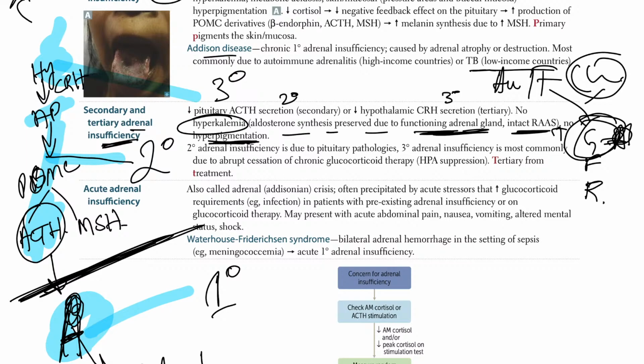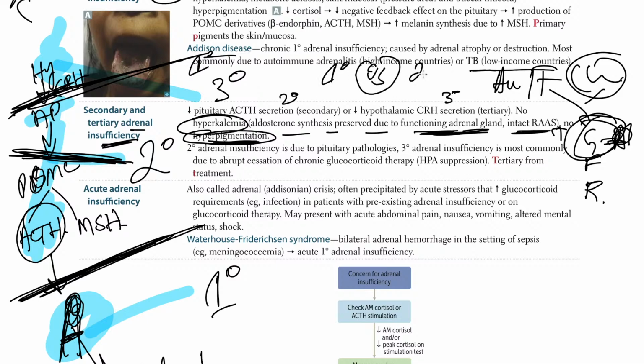No hyperpigmentation because in the secondary and tertiary, you're not even making ACTH. You're not even going and stimulating ACTH, right? Why would you have hyperpigmentation? So two things differentiate primary versus secondary and tertiary, and those are these two: hyperkalemia and hyperpigmentation. They're not going to be seen there.